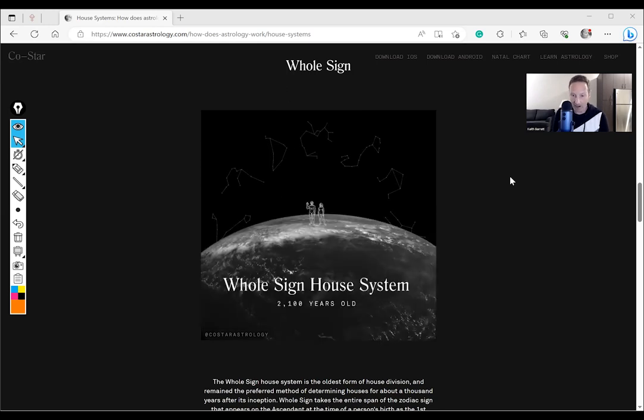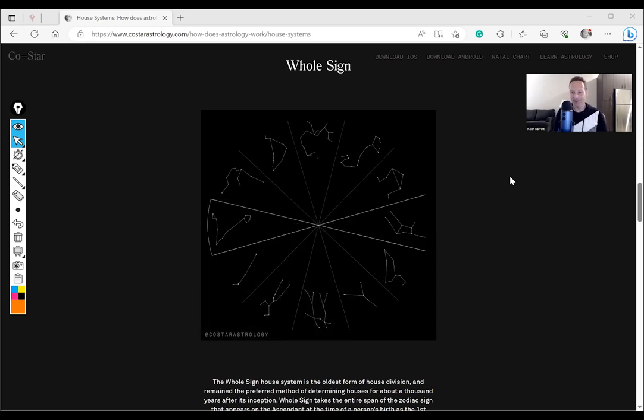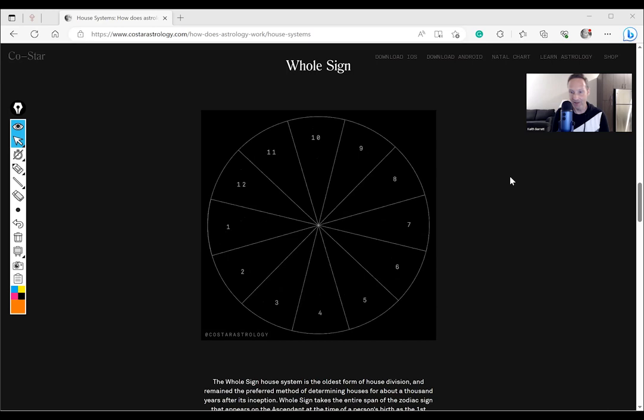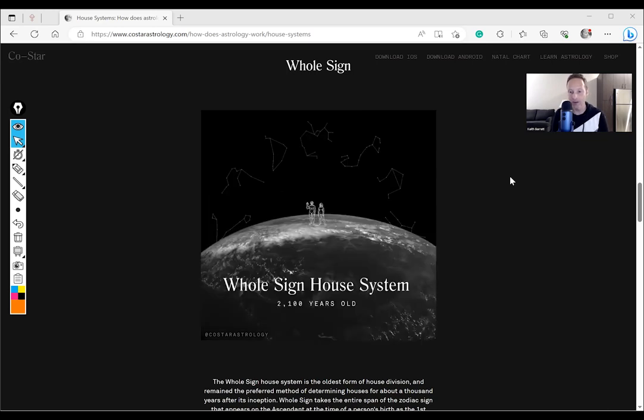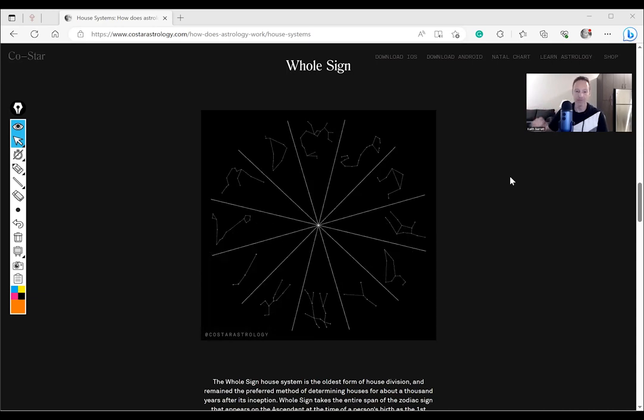Then the second house would go to Virgo, if I get these right in my head, then the third house would be Libra, and then the fourth house would be Scorpio, right? And so on and so forth. So it assigns a zodiac sign per house.